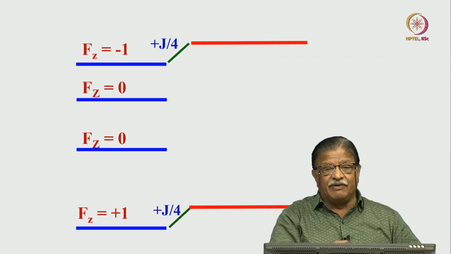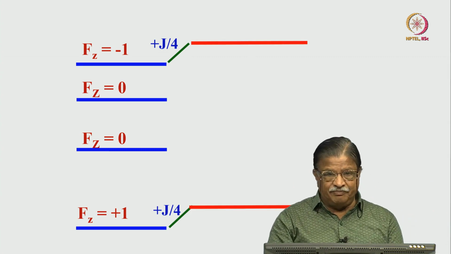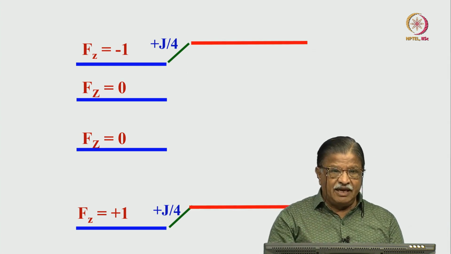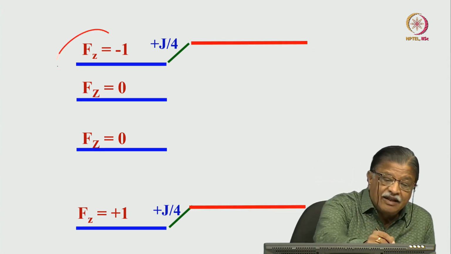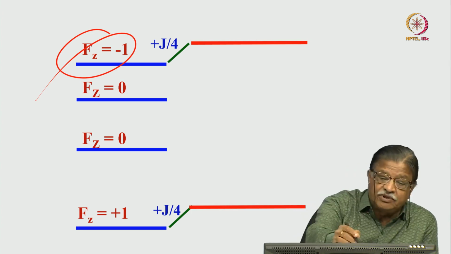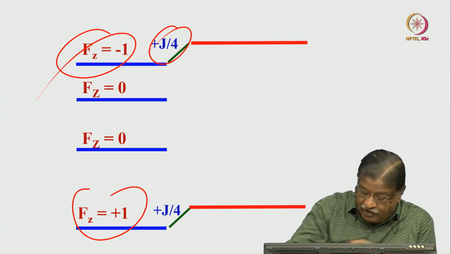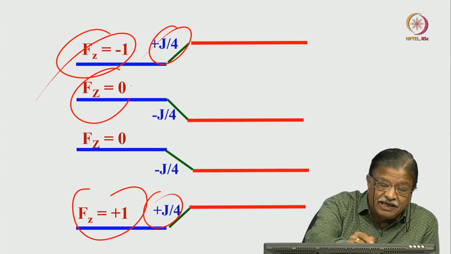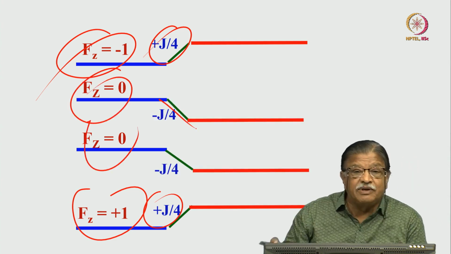Now I have assumed there exists a coupling between the A and X spins. Beta beta is pushed up by J by 4, alpha alpha is pushed up by J by 4, whereas beta alpha and alpha beta are pushed down by J by 4.